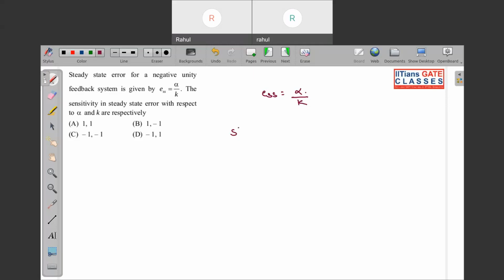Sensitivity of ESS with respect to alpha is equal to the partial differentiation of ESS with respect to alpha, so that will be 1 by k into alpha divided by ESS.